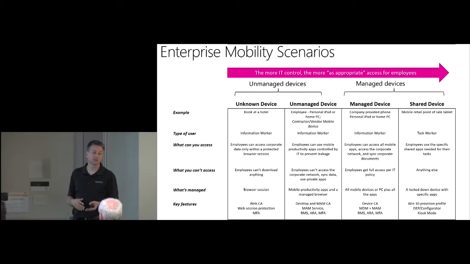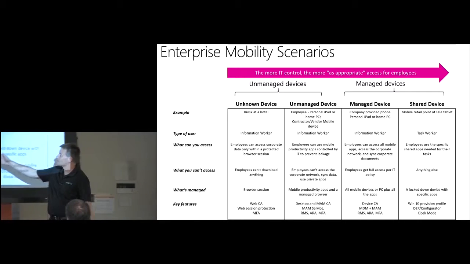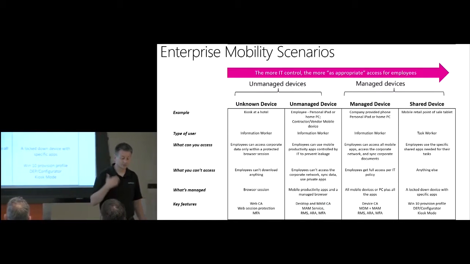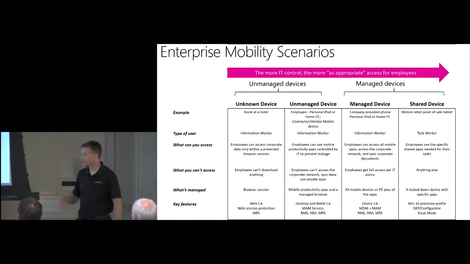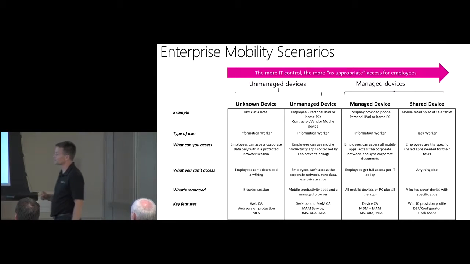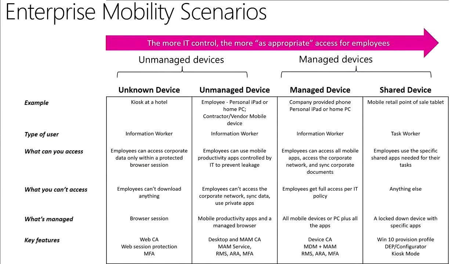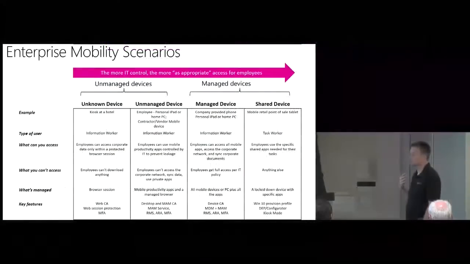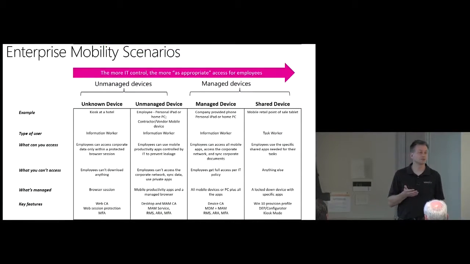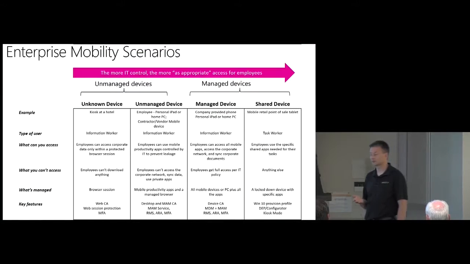It can run 1 or 2 applications, and that's pretty much all it can do. You can start thinking about managing a device, so you can put a management profile on it. I have one of these devices here that has a management profile, and then I can push down a set of security policies, such as enforcing a PIN, requiring encryption, and pushing down secure VPN configurations and Wi-Fi configurations.